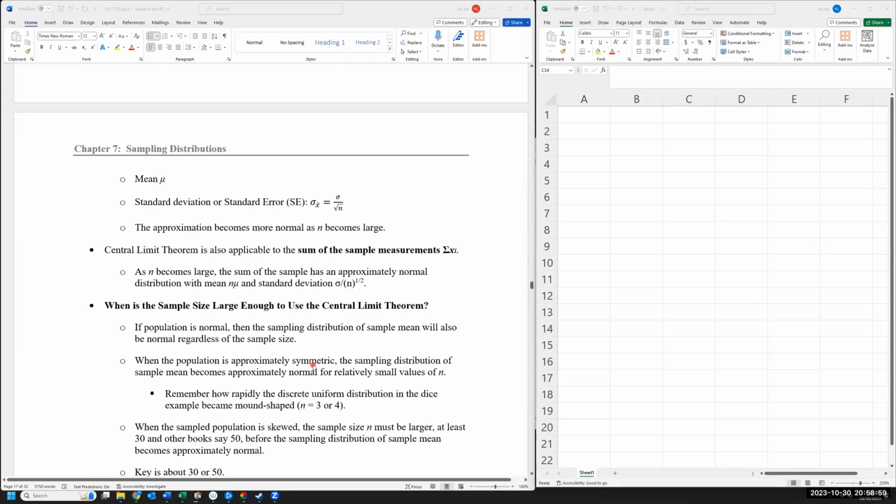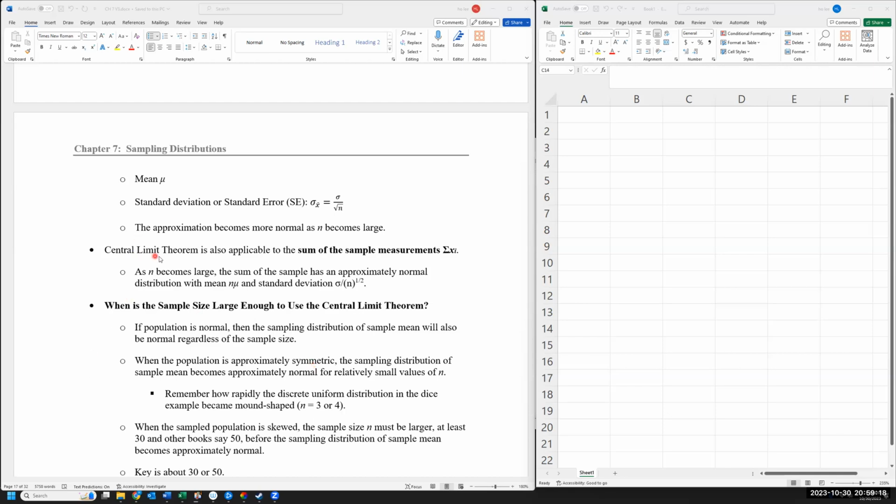And the approximation becomes more normal as n becomes larger. As n becomes larger and larger, it becomes a more classic normal bell-shaped curve.